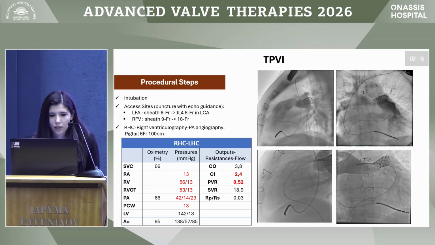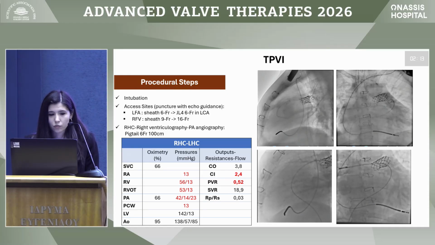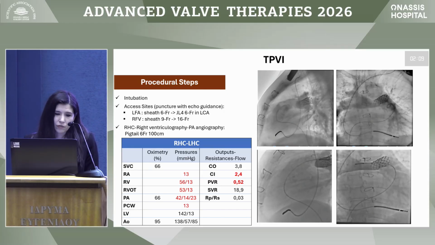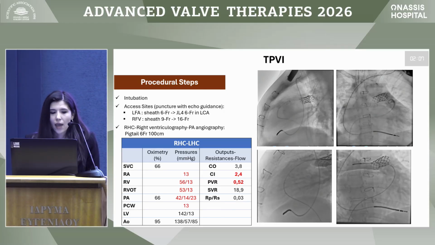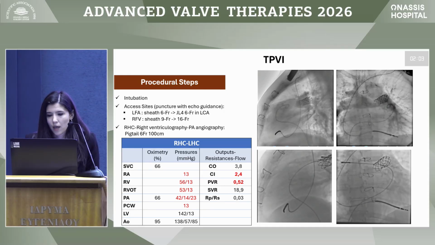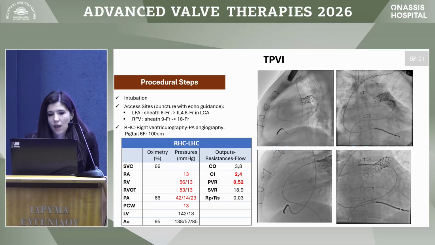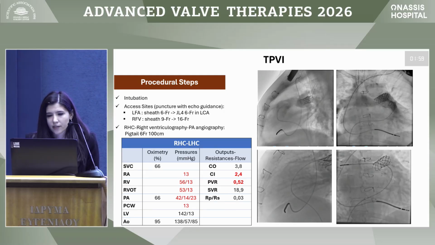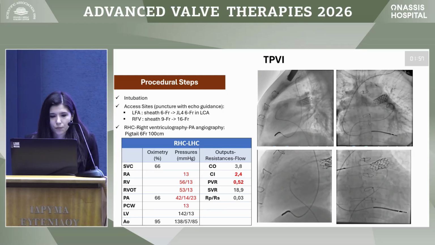The patient was intubated. The access was the right femoral vein, and we again used the left femoral artery in order to see the LCA flow throughout the procedure.